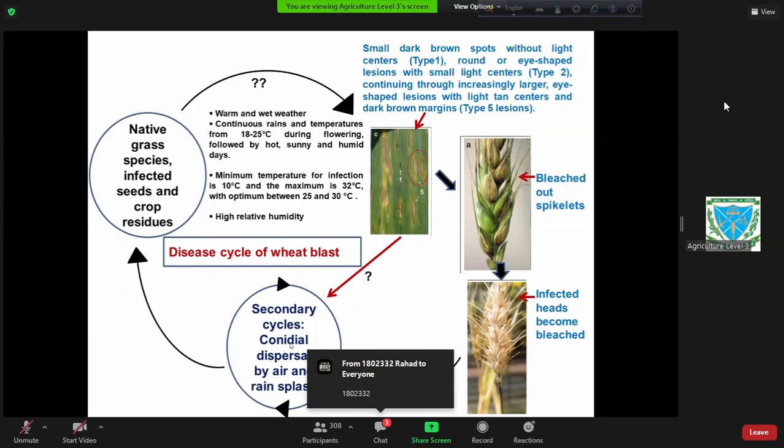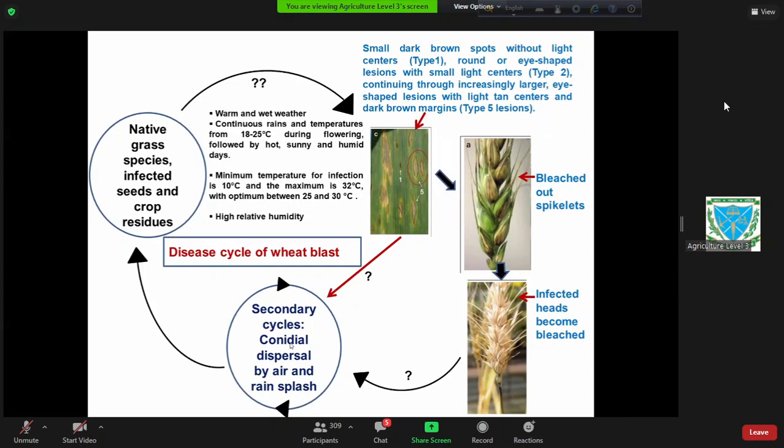Still, many questions need to be answered, even by the researchers. One of the potential projects now running in our department, I have been serving as principal investigator of. This project is running with financial support from Krishi Gobeshona Foundation, and there are three components. One is Bangladesh Agricultural University, I mean our department.